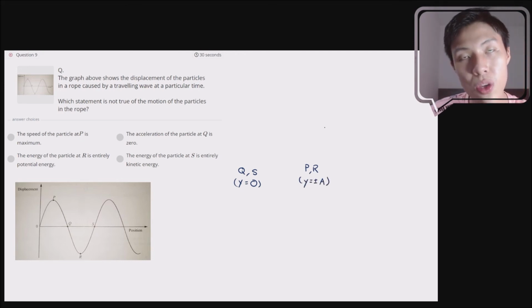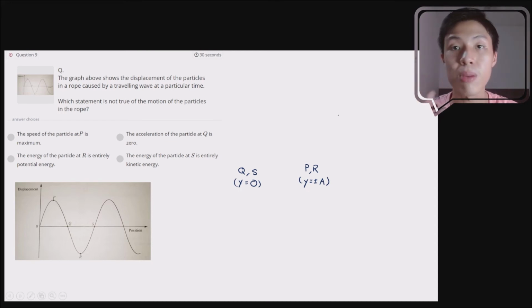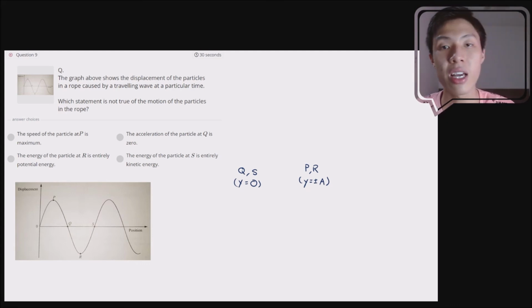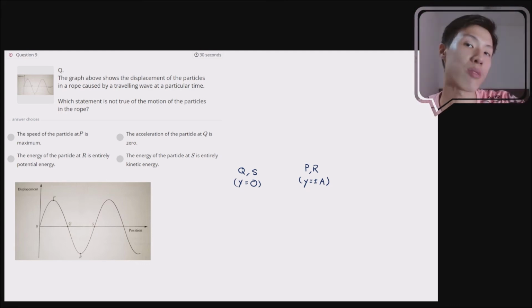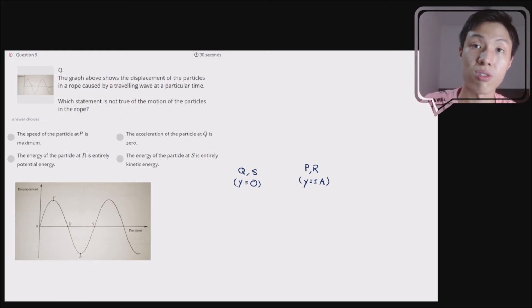Okay, so we know that the characteristic will differ depending on the displacement of the particles. If the displacement is 0, then it's at equilibrium position, then the speed can be like this, the acceleration can be like that. If you are at the maximum displacement, whether positive or negative, your speed will be like this, your acceleration will be like that.